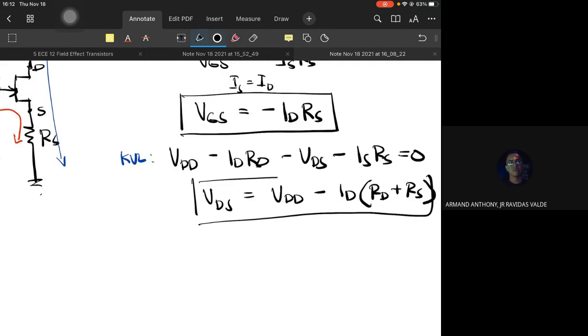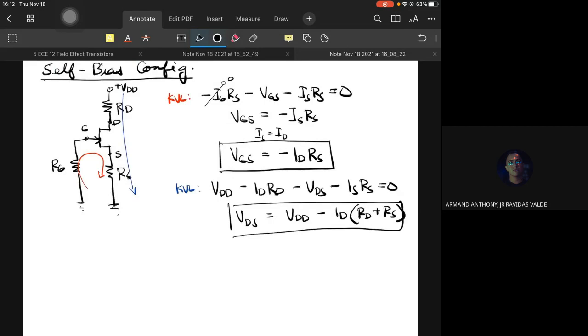So this is the formula for VDS. I combined them since ID and IS are the same. Transpose so it is positive. So VDS is equal to VDD minus ID RD minus IS RS, or ID quantity RD plus RS.